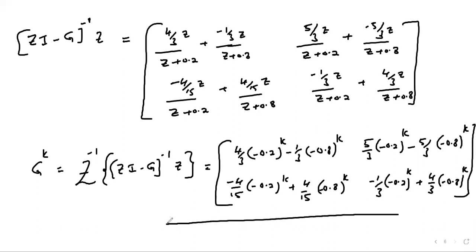And that is our state transition matrix as obtained by determining the inverse Z transform of the previous function.